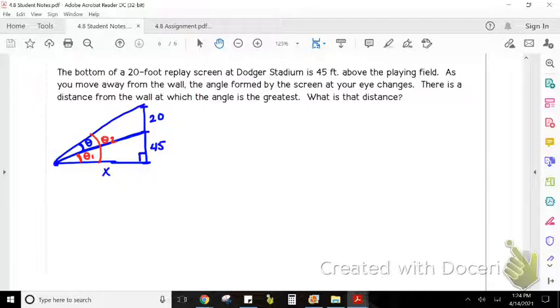How could I find theta if I'm able to find those other two angles? What's the relationship between those other two angles with theta? Well, if I know the big angle and I know one of the small angles, how can I find the other small angle?